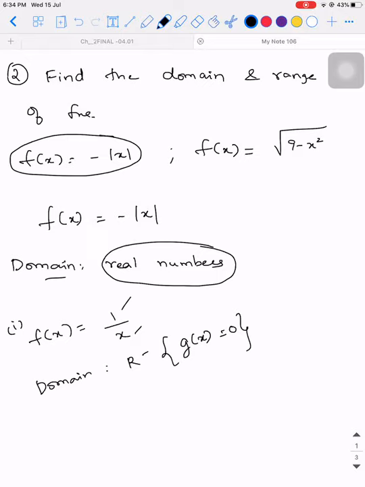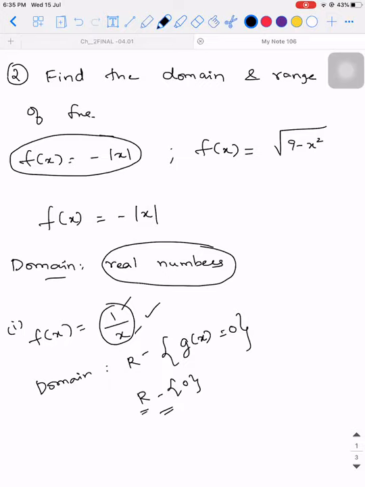So what will be the domain for this? It will be all real numbers, except when will the denominator in this case become 0? For what value of x will it become 0? So the meaning of this is f of x is equal to 1 by x will have a domain of all real numbers except 0.